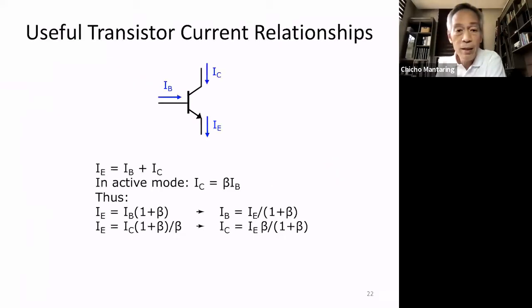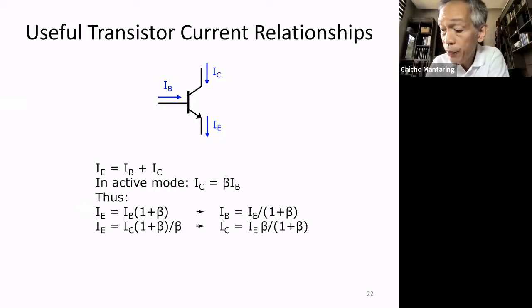So first, let's just take up some very useful transistor current relationships. This is an NPN transistor. So far, we've limited our discussion to NPN, but like I said, for a PNP, it's the same principle, except that the current directions are opposite. So I said that this follows Kirchhoff's current law. In other words, the current entering the transistor must equal the current leaving the transistor.